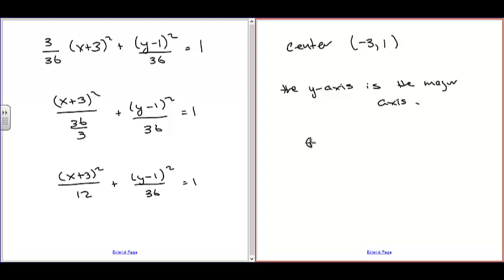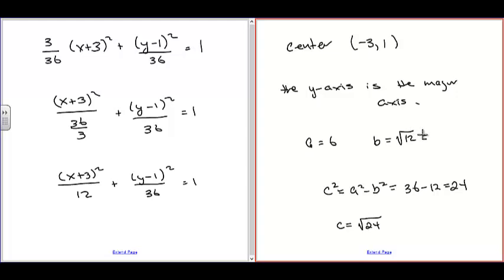So a now is this term. A is equal to 6, the square root of 36. B is equal to the square root of 12. And therefore c squared is equal to a squared minus b squared. So that's 36 minus 12, which is 24, or c is equal to the square root of 24.